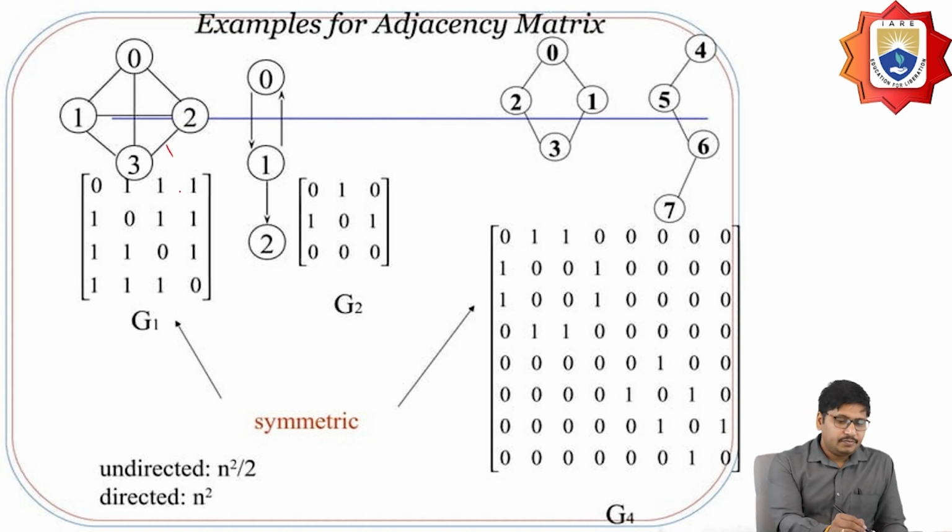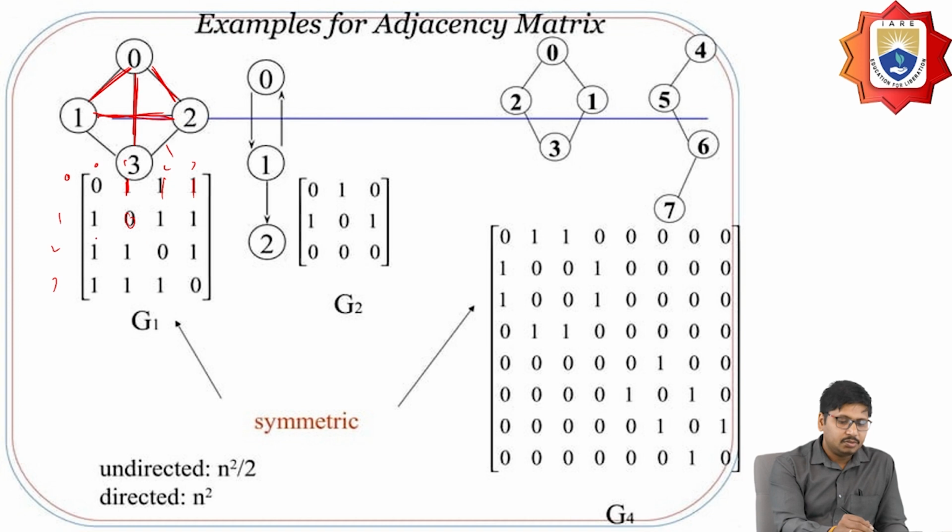So in this graph, I'm writing 0, 1, 2, 3 along the rows and 0, 1, 2, 3 along the columns. Whenever there is an edge from 0 to 1, I represent it as 1. Next is 0 to 2, and 0 to 3, so that's why I'm representing 1.